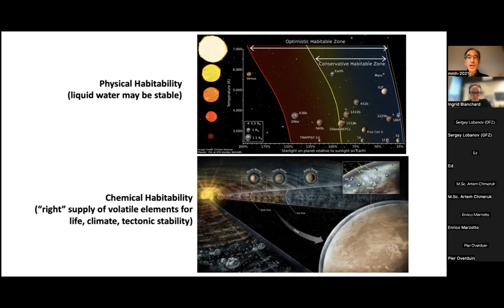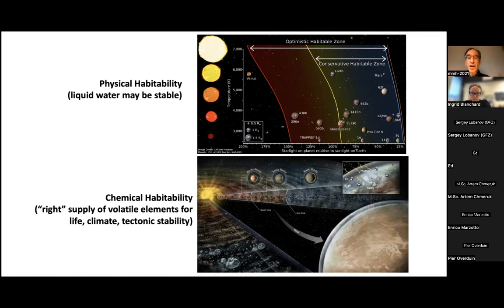Now, you may notice that I'm not actually going to tell you what the right amount is, because I don't know, and I don't think we know. The thing we do know is that our planet is within the range of the right amount, but what the lower limit of the right amount might be, or the upper limit might be, we don't know.